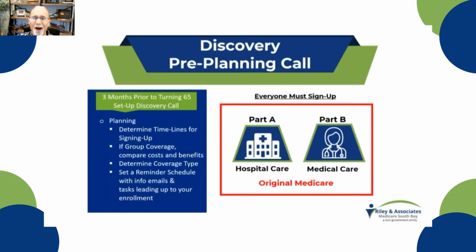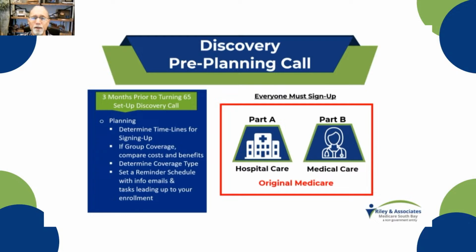Okay. Before we go any further, I would strongly suggest you set up what's called a discovery call 3 months prior to the month that you turn 65, or when you plan to retire and come off your large group plan and sign up for Part B. And why is this important? Well, you don't want to miss a step or a deadline.